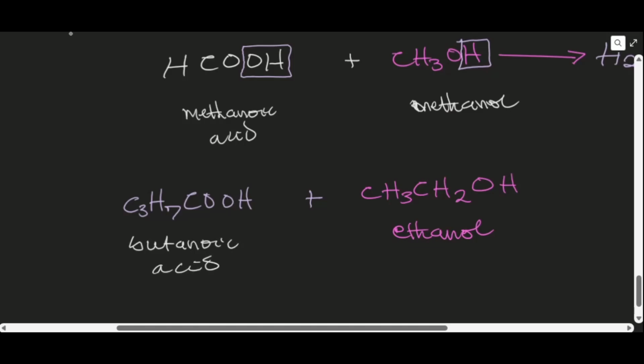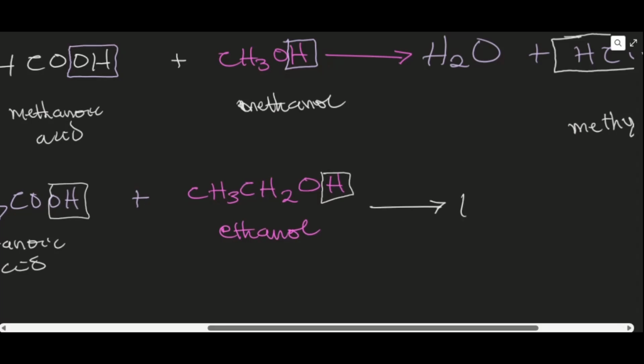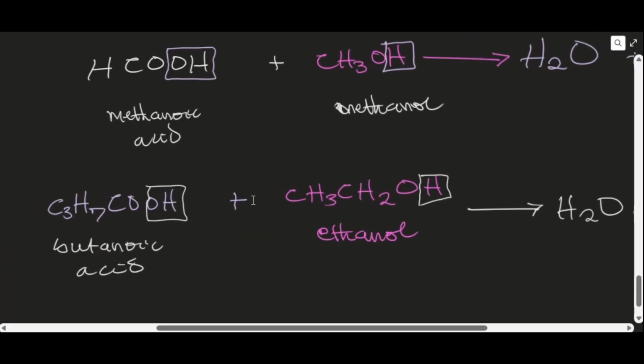So when they react, remember we said the OH of the acid will combine with the H of the alcohol. So we are going to have water from that. And then what we have left of the acid is C3H7CO.